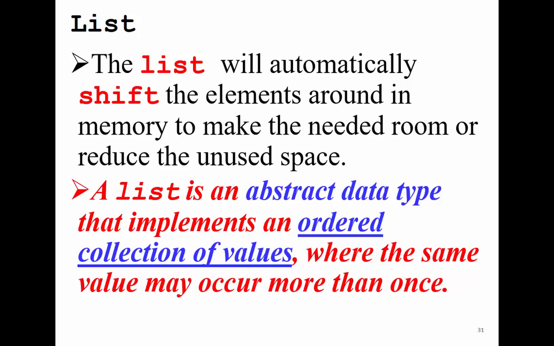The list is an abstract data type that implements an ordered collection of values where the same value may occur more than once. So whenever you come across an application where you are interested in using an ordered collection of values, it's recommended to use the list.